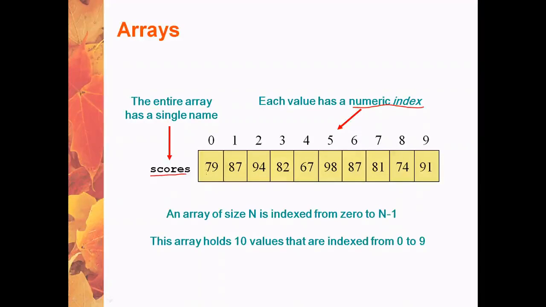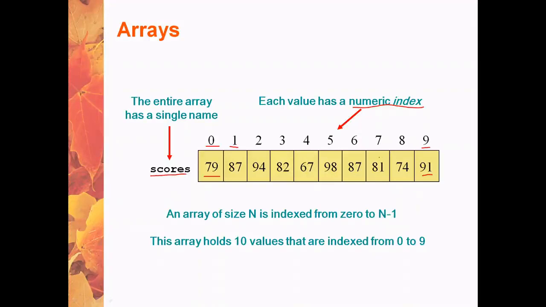For example, the first value here is 79, and the numeric index for that value is 0. That means that value is stored at location 0 in the array. In the same way 87 is stored at location 1, and the last value 91 is stored at location 9.